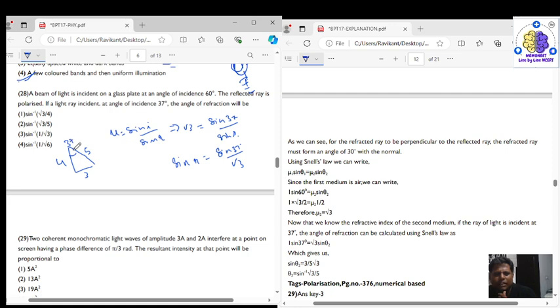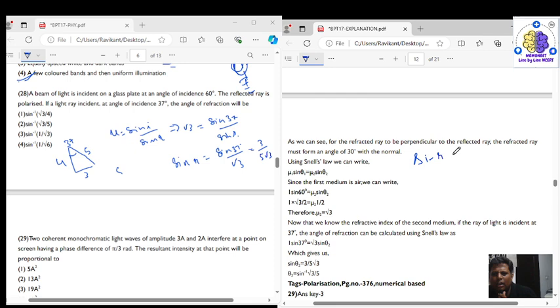Now if this is 37 degrees, then sine of this will be equal to 3 by 5. So sine 37 will be equal to 3 by 5, so we can write it as 3 by 5 root 3.